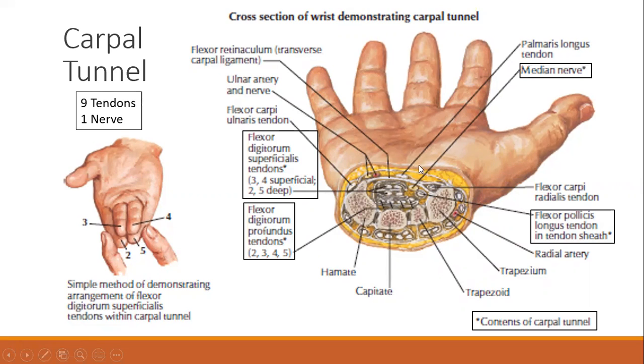So this is the tendon going to digit 3, the tendon going to digit 4, the tendon going to digit 2, and the tendon going to digit 5. The way that I remembered it when I was taking anatomy is 34/25. So tendon for digit 3, digit 4, digit 2, digit 5, 34/25.